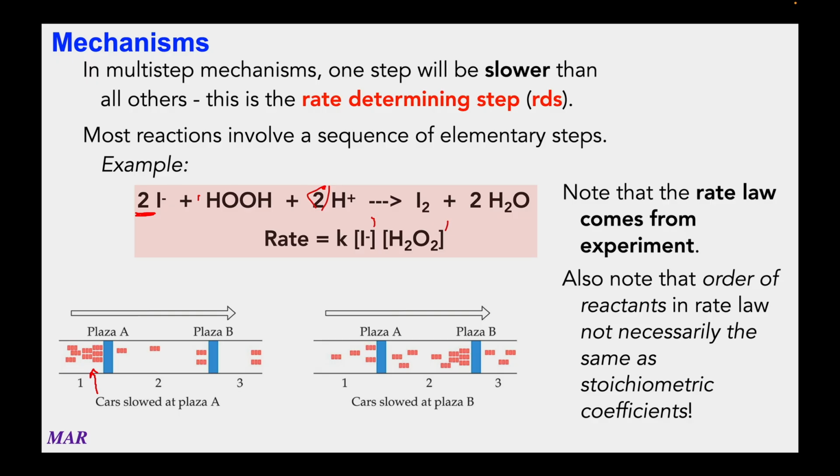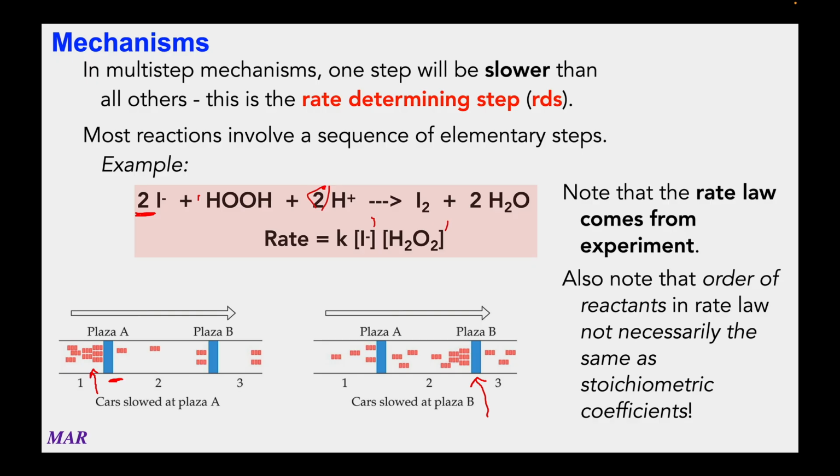But on the second picture, there are more cars jammed up at Plaza B. So Plaza B has the higher energy of activation. So the rate determining step is like which one they can get through faster. In the first picture, it's Plaza A, which would be the rate determining step because the cars aren't getting through the plaza. They get through B okay, it looks like, but A is slow. On the second picture, it's Plaza B, which is the rate determining step because it's preventing the cars from getting through to number 3 right there.